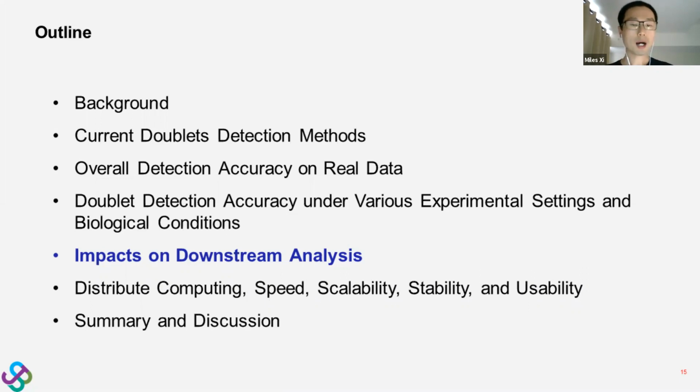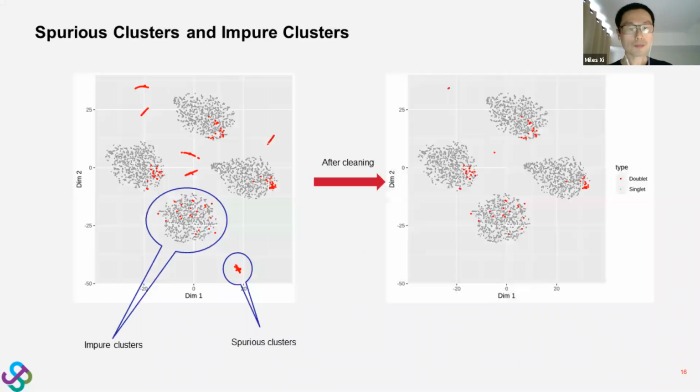So we want to check how your doublet detection can improve your downstream analysis, which is biased by doublets. This is a general idea of how we can improve clustering. First, this left figure shows you what will happen if you have doublets.